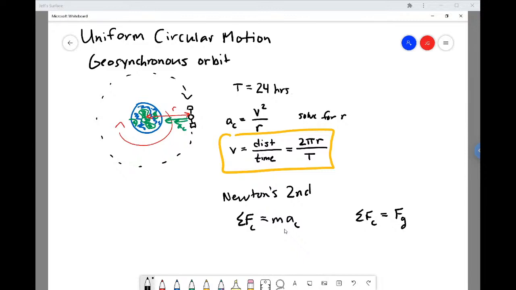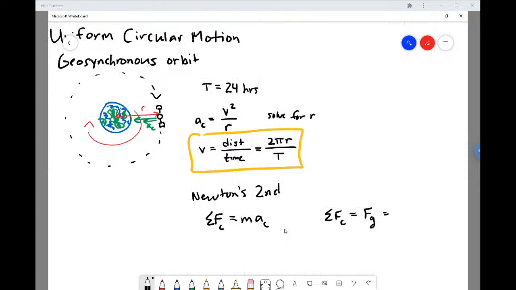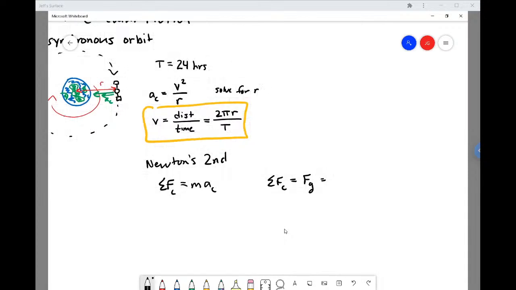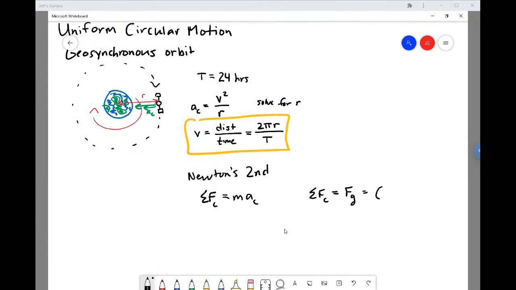And Newton's law of universal gravitation says that that force is equal to the gravitational constant, big G, times the mass of the satellite, which here we'll call little m, times the mass of the Earth, we'll call that big M sub e, divided by the distance between the satellite and the center of the Earth squared, which is r squared, the same r that we had earlier.